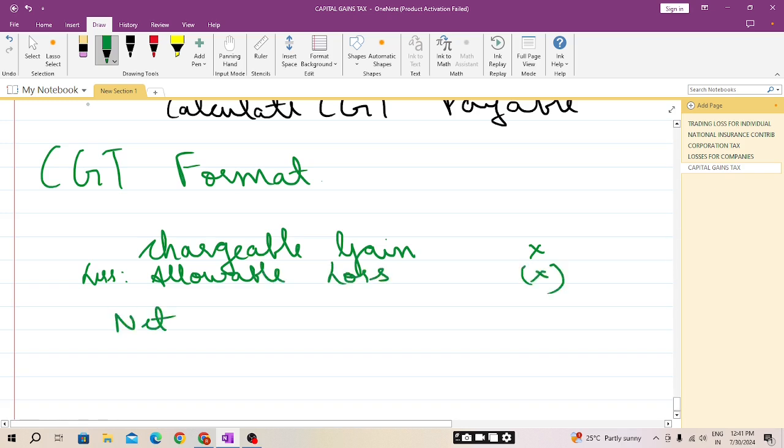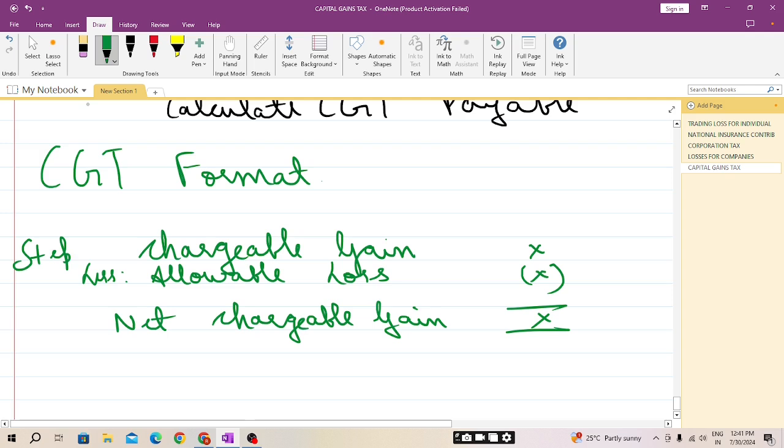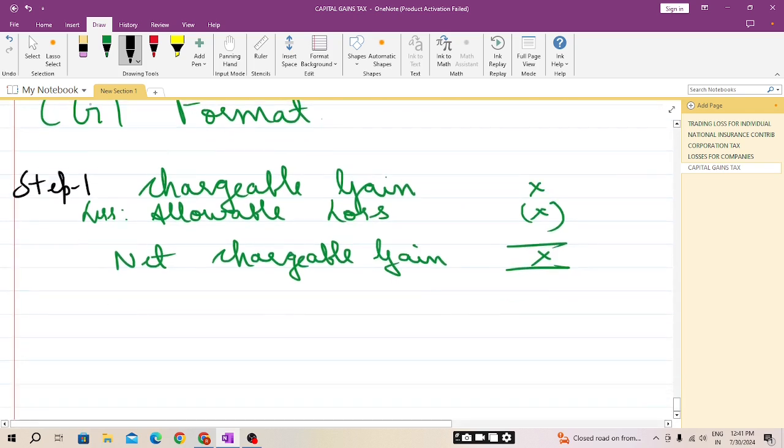This will be the net chargeable gains. This is step 1 and this is step 2.